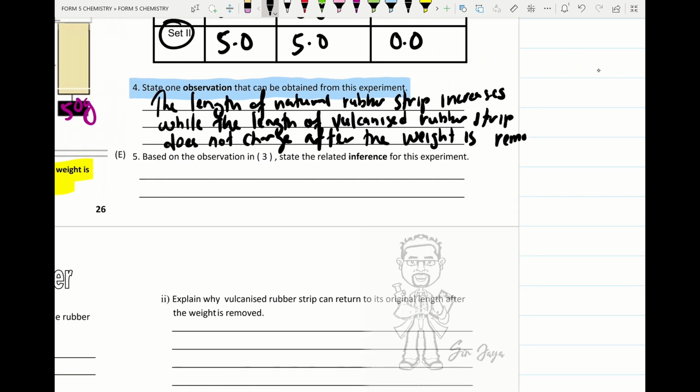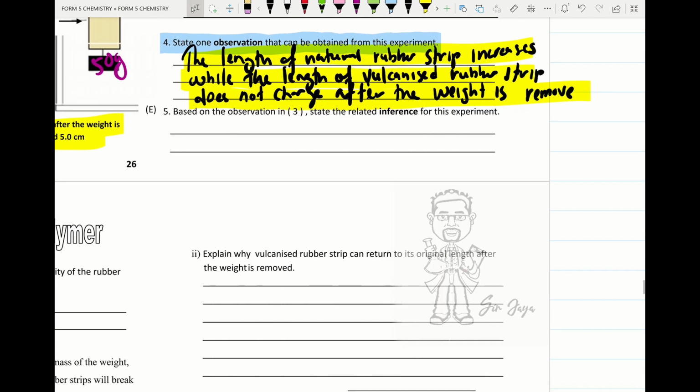So this is our observation. Based on the observation in question number 4, we need to state the inference. The inference will be: vulcanized rubber is more elastic than natural rubber.